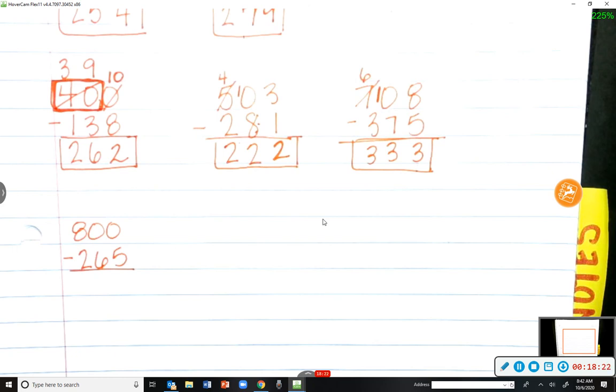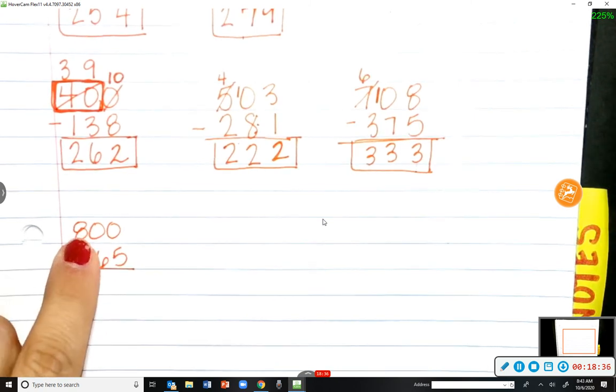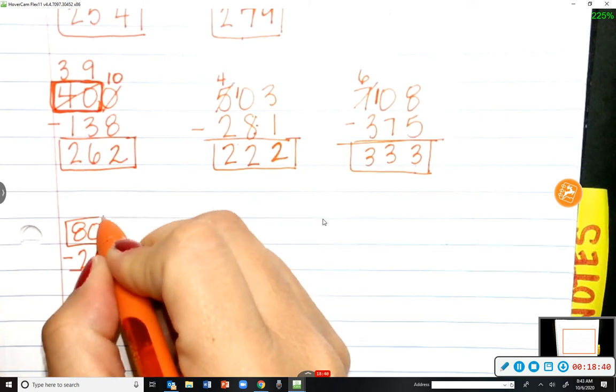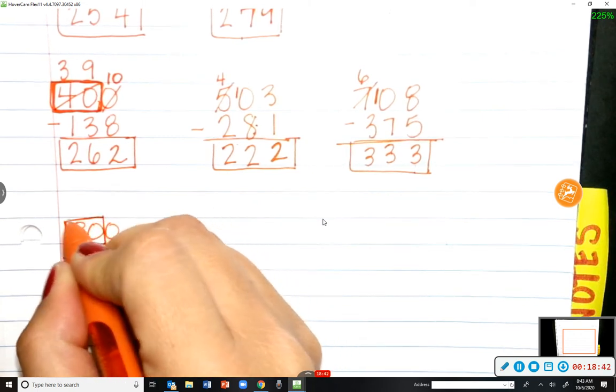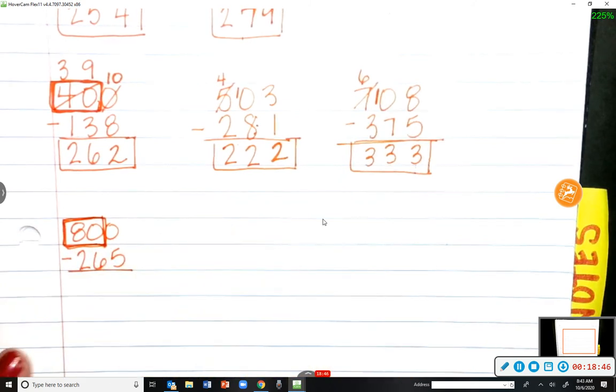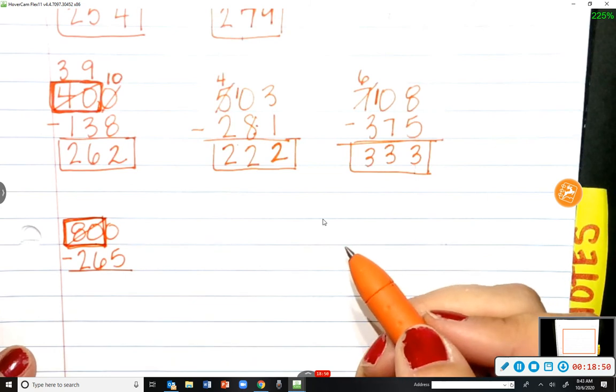You guys ready to check? Yes. Okay. So we start in the ones place. Can I do 0 minus 5? No, so we're going to borrow, but I can't borrow from the 0. I can borrow from 80, right? So we box this. We can make it an 80 and borrow from 80. So if I borrow from 80, what would it become? 79.